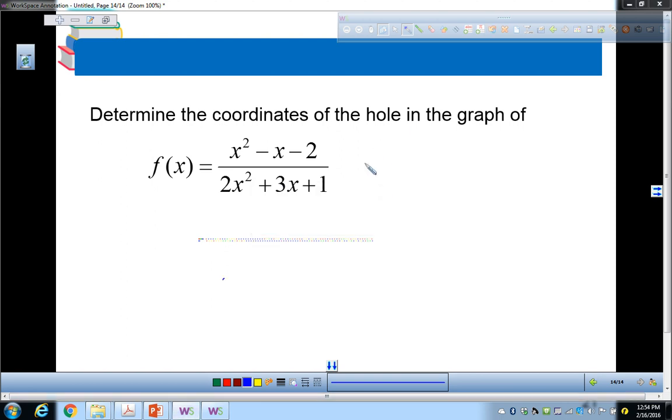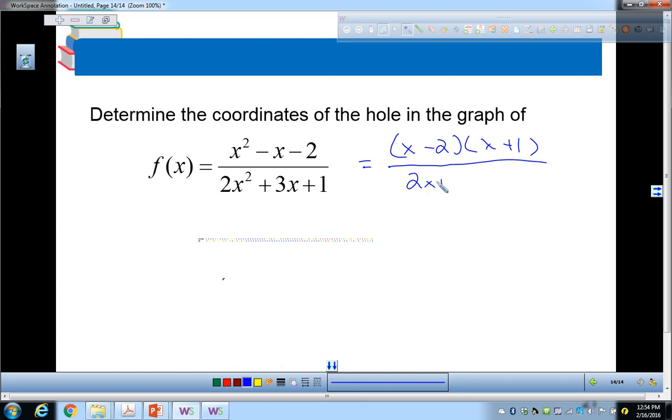Go ahead, Laura. What do you factor the top to? X minus 2 and x plus 1. Very good. And then what? The x coordinate is -1. These cancel out, right? So you have x equals -1, and then you plug it into the other two.